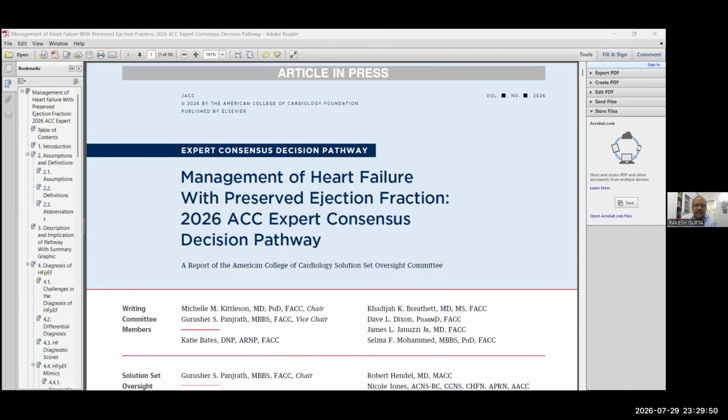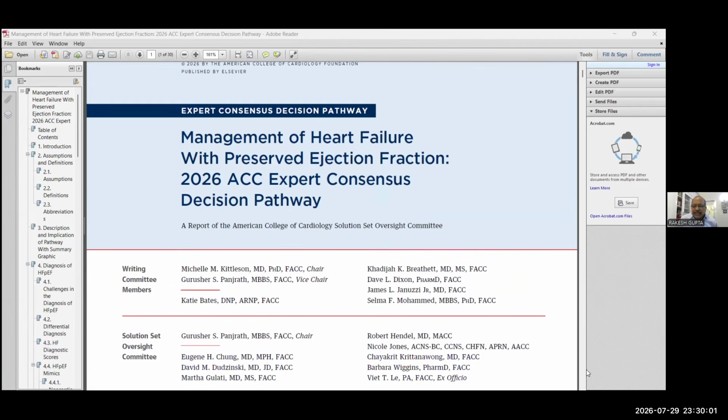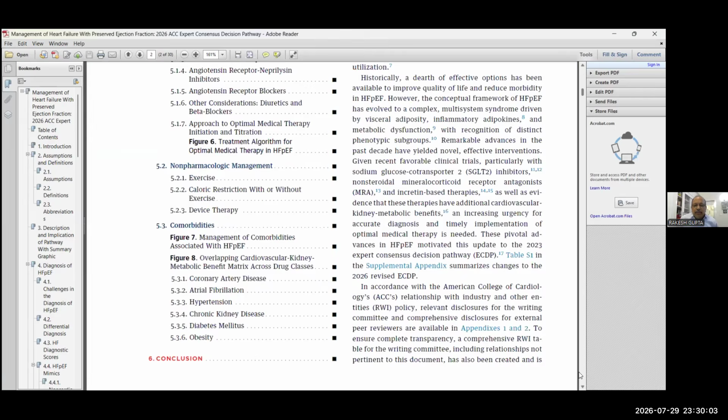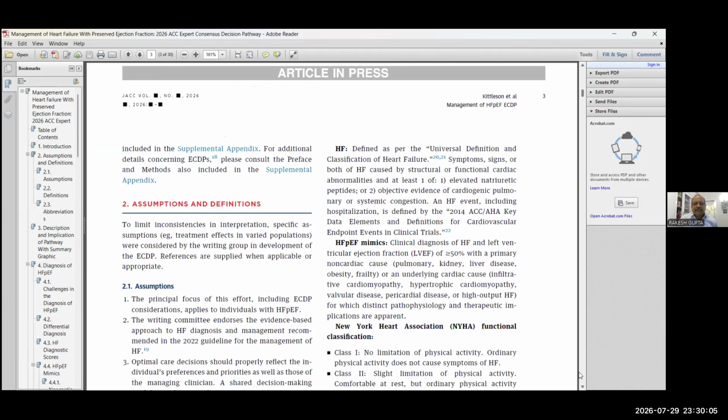It's a big topic. I'll just take a few minutes to share with you. These are the guidelines published just a week ago, on management of heart failure with preserved ejection fraction. It was published on 22nd of July. So what this guideline says is that two important factors for diagnosis of heart failure with preserved ejection fraction: the most important factor is you have echo parameters or you have NT-proBNP levels which are high.